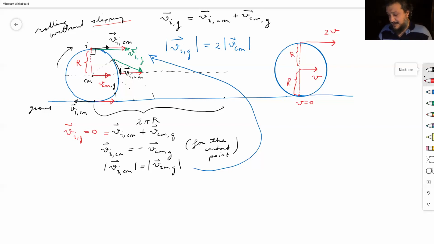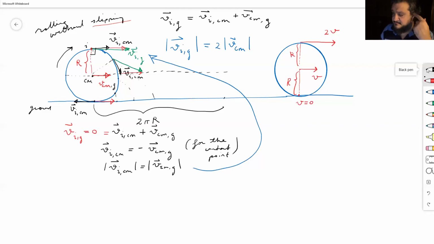That's because that point is not actually moving at all. If it's not moving, you get a good focused object. If you look at a point above, like the center of mass, it's okay, but it's not as focused as the contact point, but the fastest point is on the top. All right? So these are the velocities with respect to the ground level.